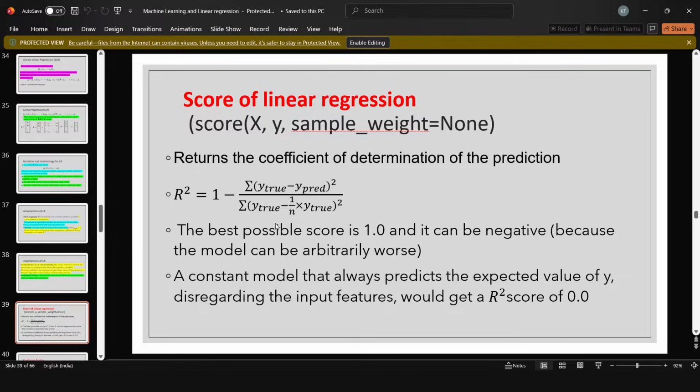And it can be negative also, as it is said here. The constant model that always predicts the expected value of y, disregarding the input features, would get an R square of 0.